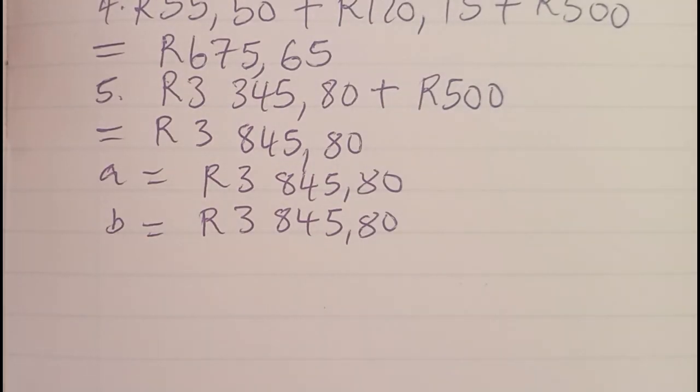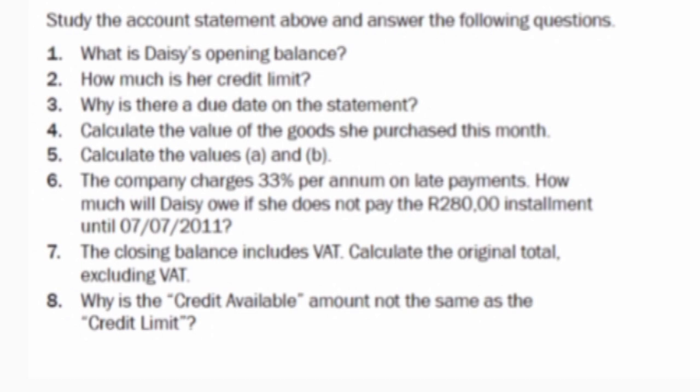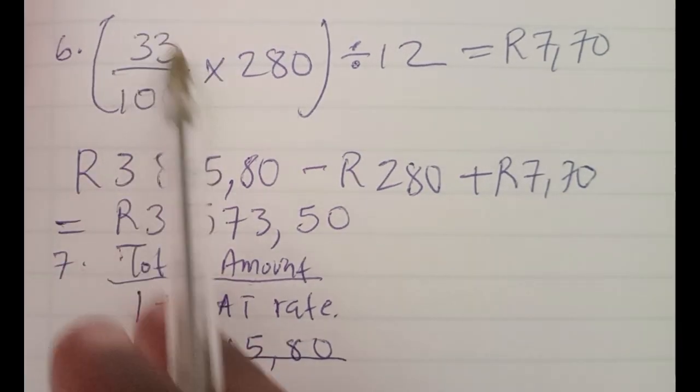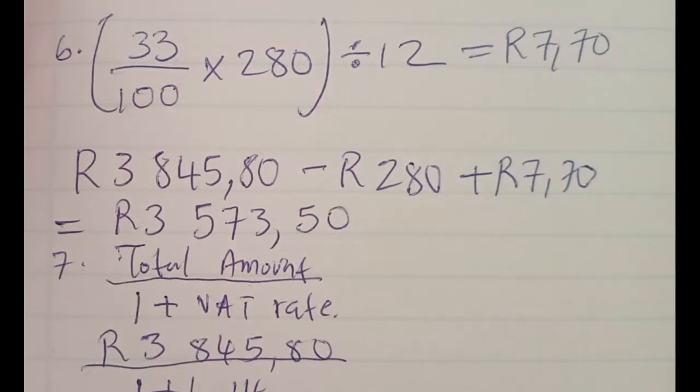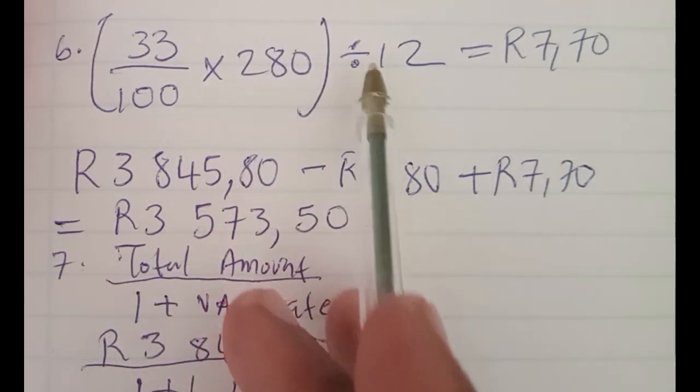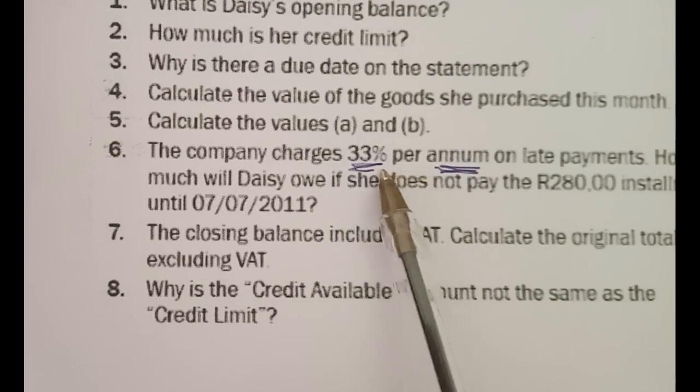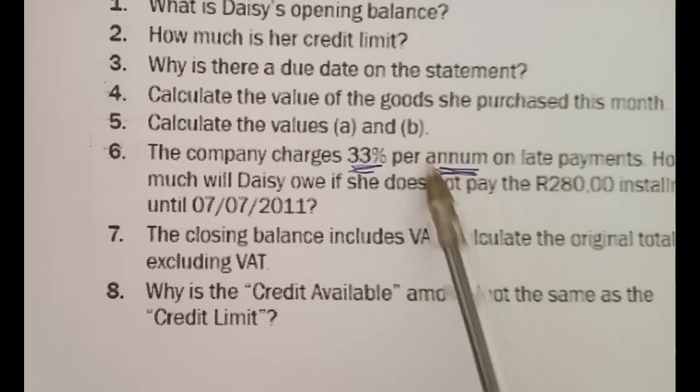So for number 6, remember it says the company charges 33% per annum on late payments. How much will she owe if she does not pay the 280 rand installment until 2011? Here, this is for percentage, so we have to write it like this in a fraction. This is our installment amount, so I divided by 12 because the company charges 33% per annum, and in a year we have 12 months.